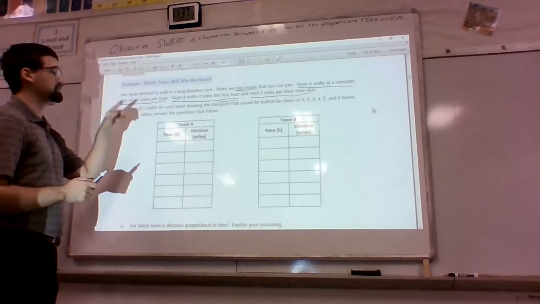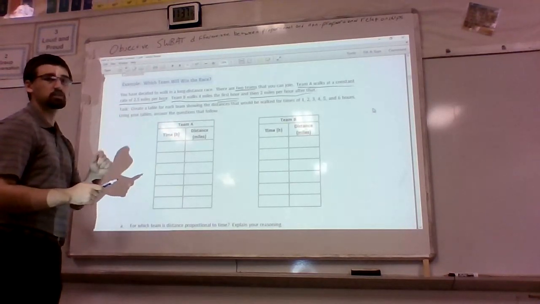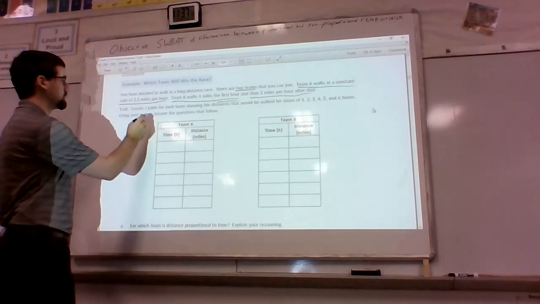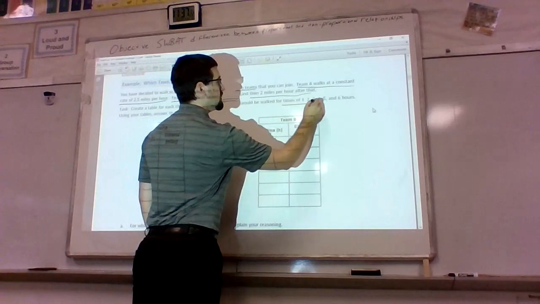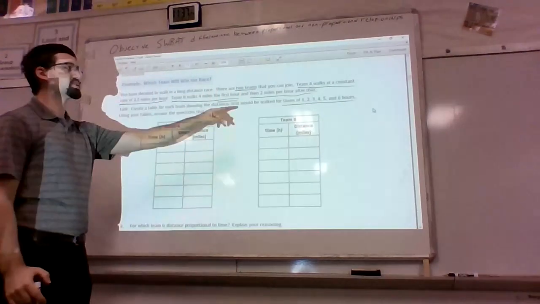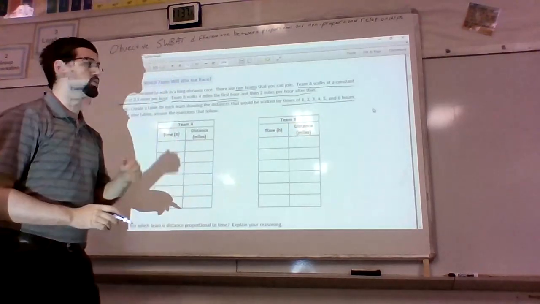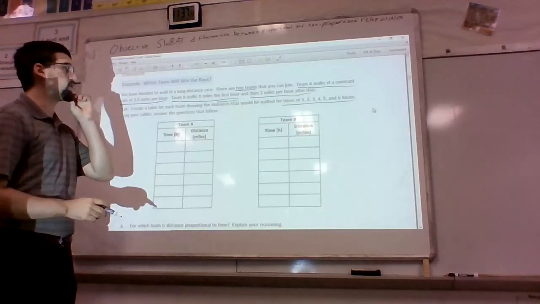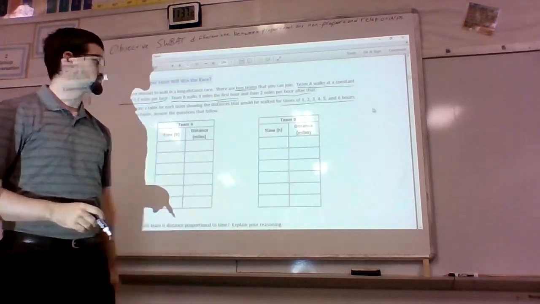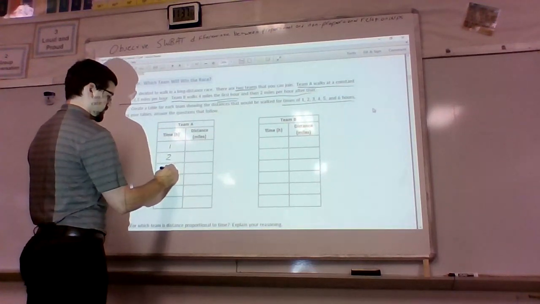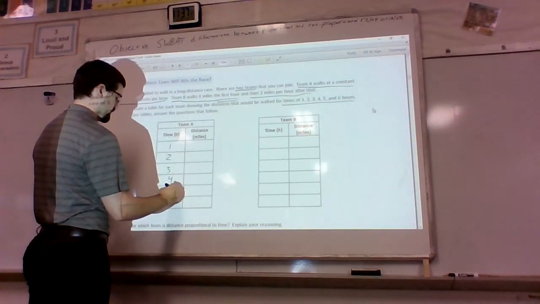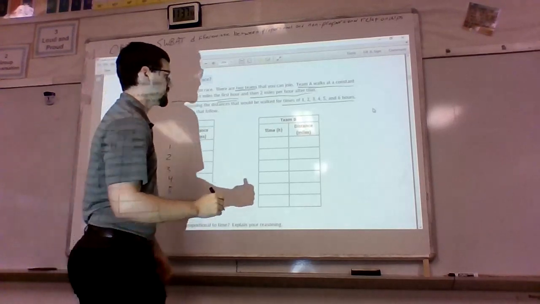Thinking back, I missed a piece of information that I should have made a note of. They're walked for times of 1, 2, 3, 4, 5, and 6, so those are our times that we're going to put in our table. We need to find the distances that will be walked for these different times. Same thing here.